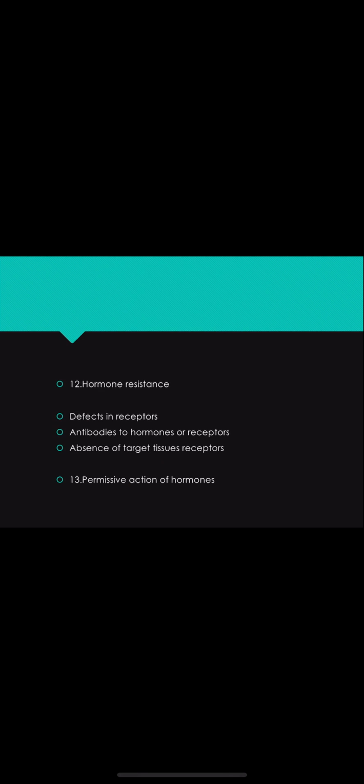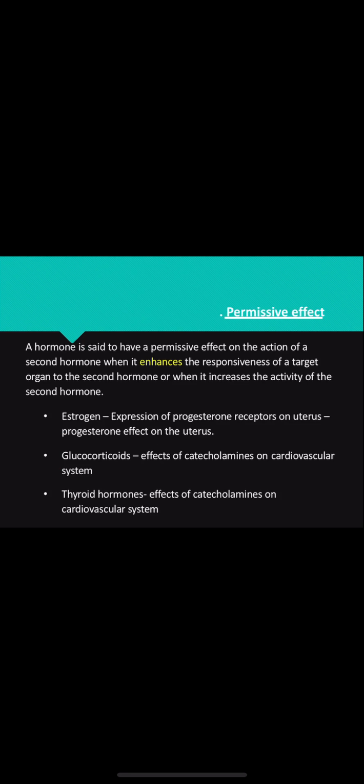Then hormone resistance occurs due to defects in receptors, antibodies to hormones, antibodies to receptors, absence of the target tissue receptors. The 13th property is permissive action of hormones. A hormone is said to have a permissive effect on the action of a second hormone when it enhances the responsiveness of a target organ to the second hormone, or when it increases the activity of the second hormone. Like estrogen, which induces expression of progesterone receptors on the uterus for the progesterone effect.